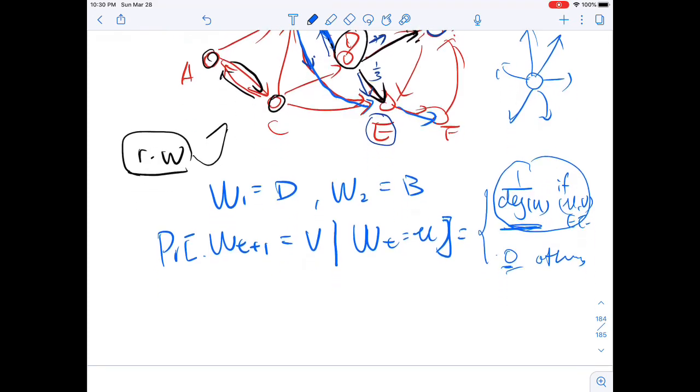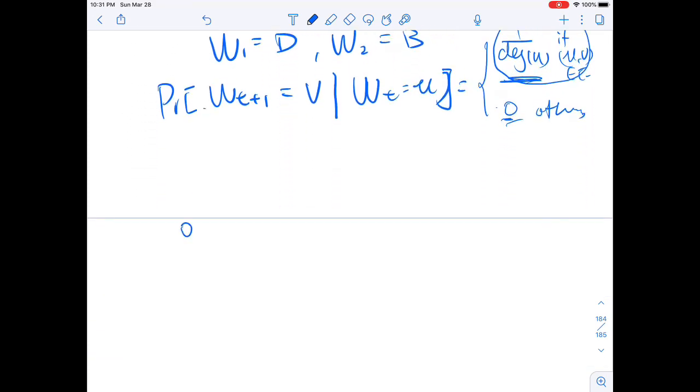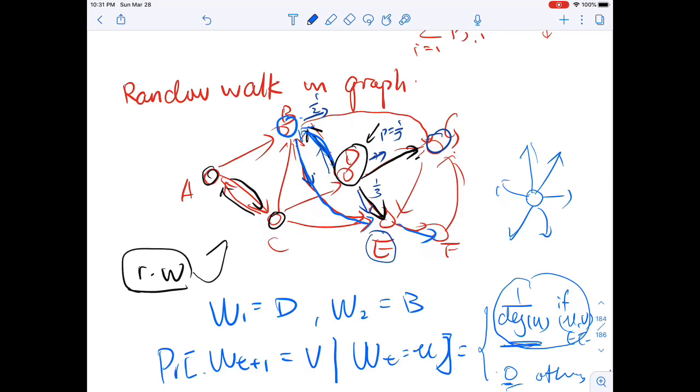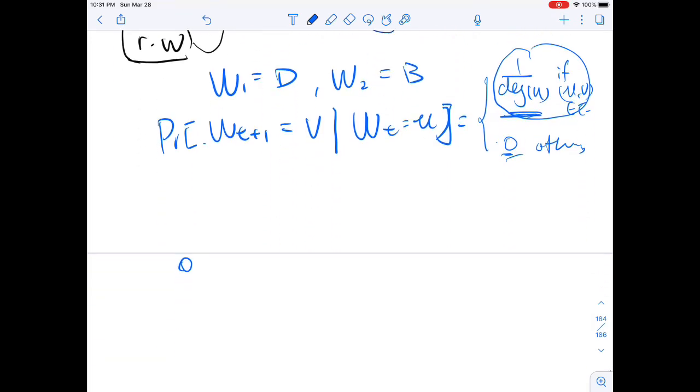So this version is for the directed graph, and the whole thing can be defined again for an undirected graph. Undirected graph really just means that the edges don't have directions.